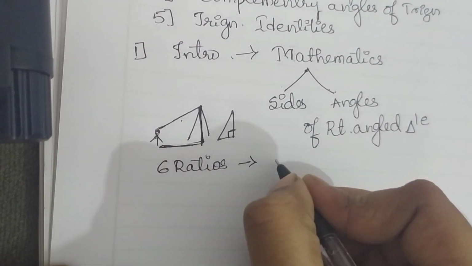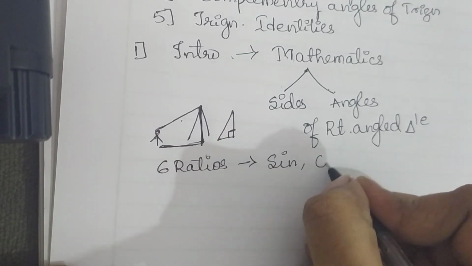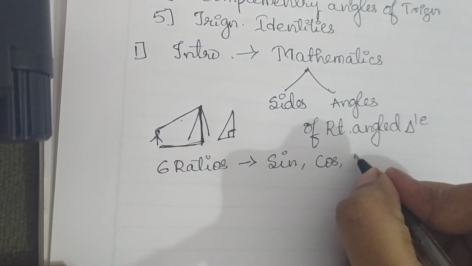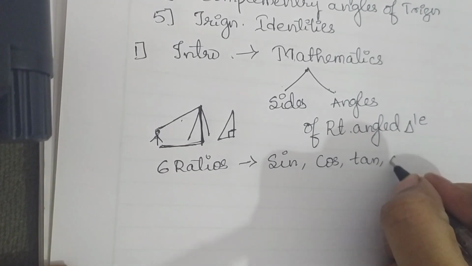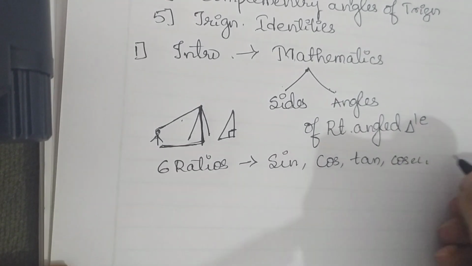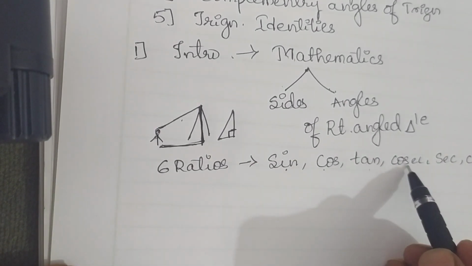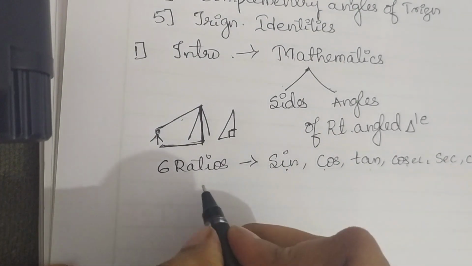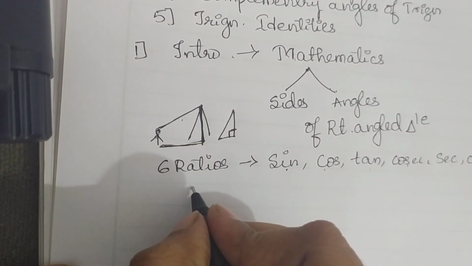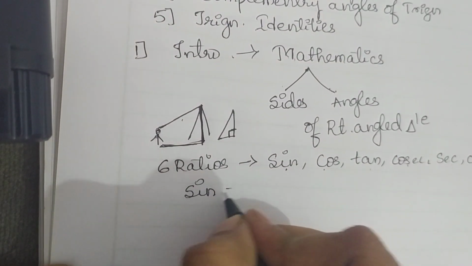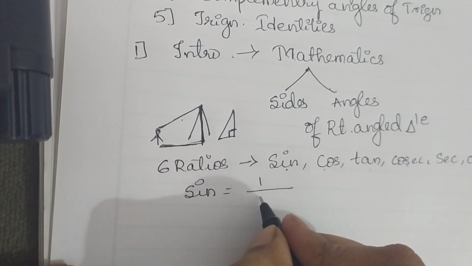Sine, cos, tan, cosec, sec, cot. Sine is equal to 1 upon cosec.